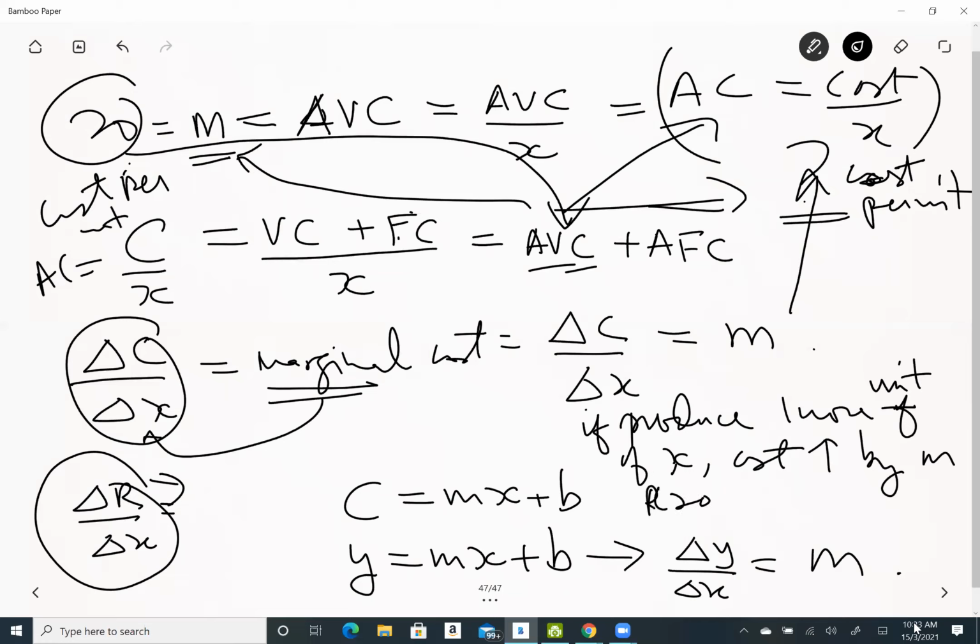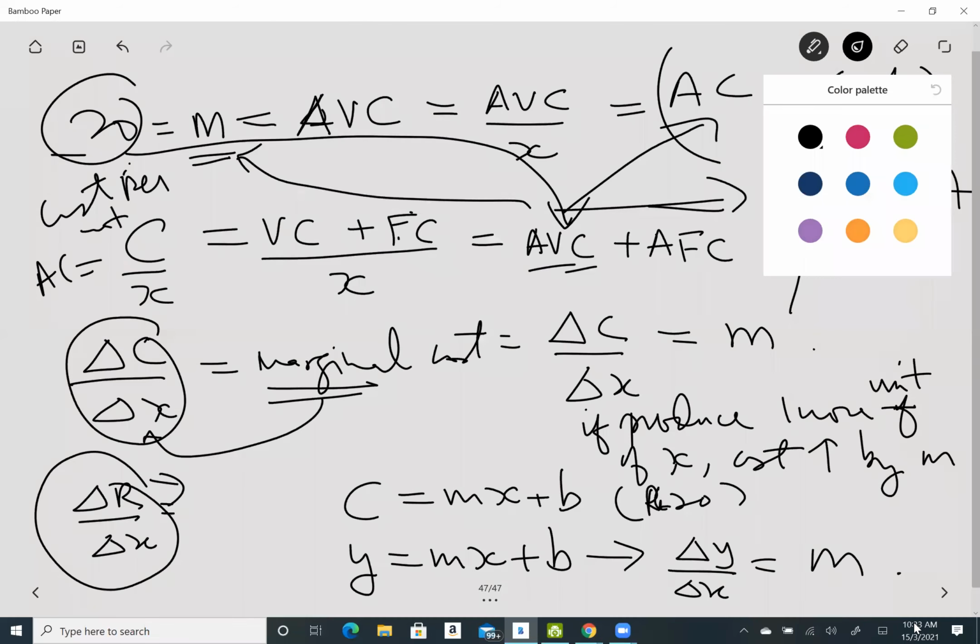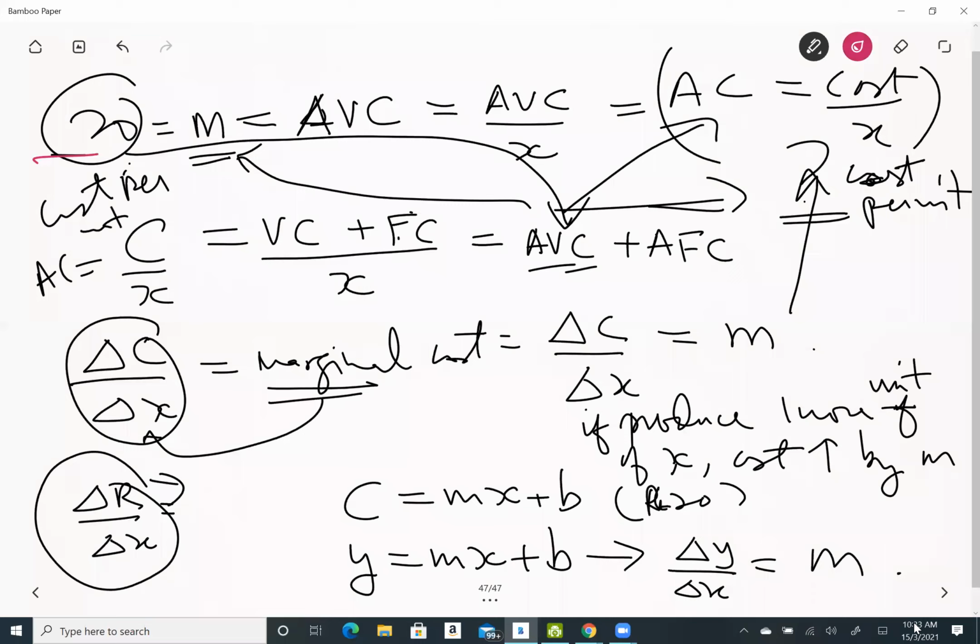The cost will increase by the M, in this example by 20 RM, because the value of M is 20. So now remember, when you talk about cost, it's production. When you talk about revenue, it's not production anymore.